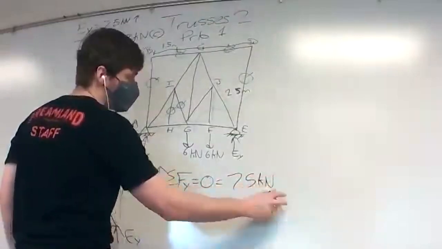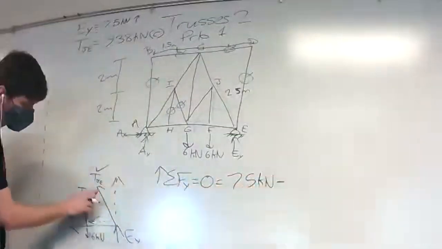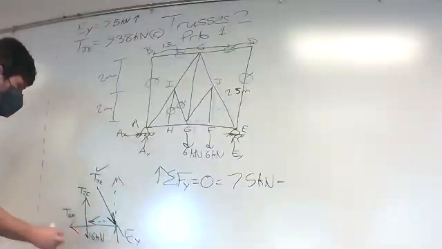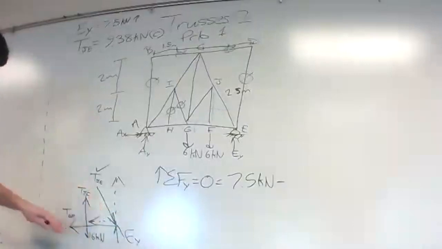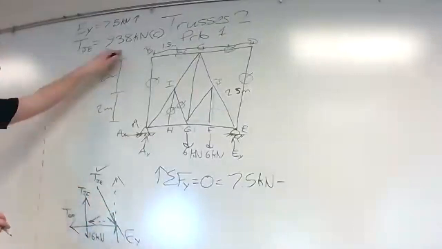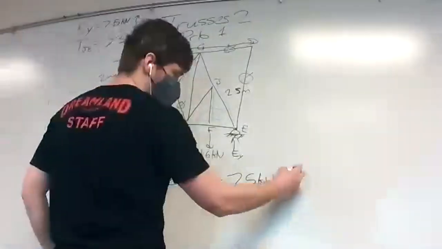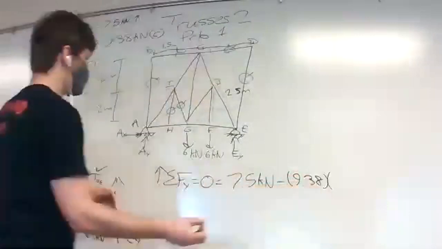And we know that TJE is minus. We know that it's actually compression, so I'll go ahead and rewrite our arrow going the correct way. So we'll say minus TJE, which was 9.38, times the appropriate vertical ratio.